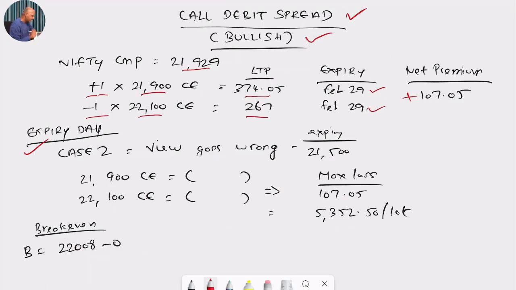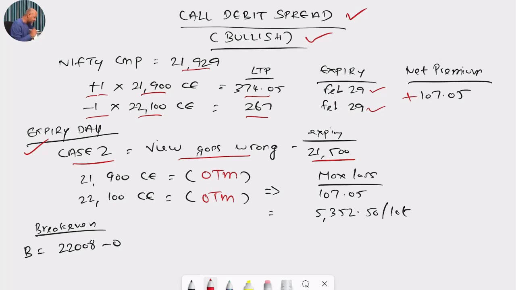Let's discuss scenario 2, where the view goes wrong. Instead of Nifty turning bullish, it has turned bearish and closed at 21,500. In this case, what will happen to the 21,900 call option and the 22,100 call option? Both will become out of the money, so the premium of both these options will go to 0.